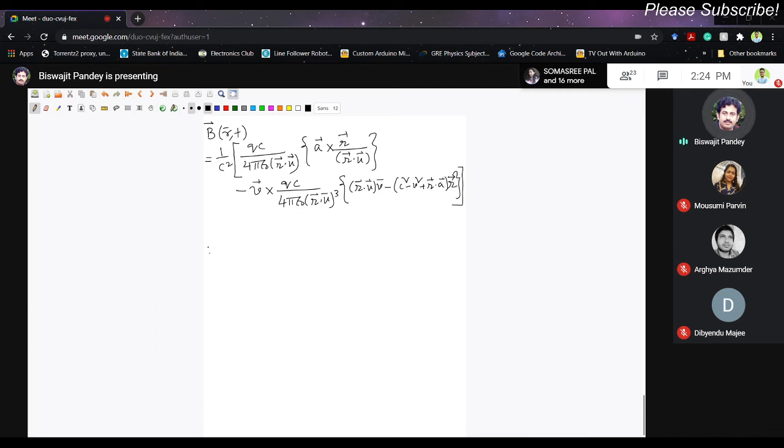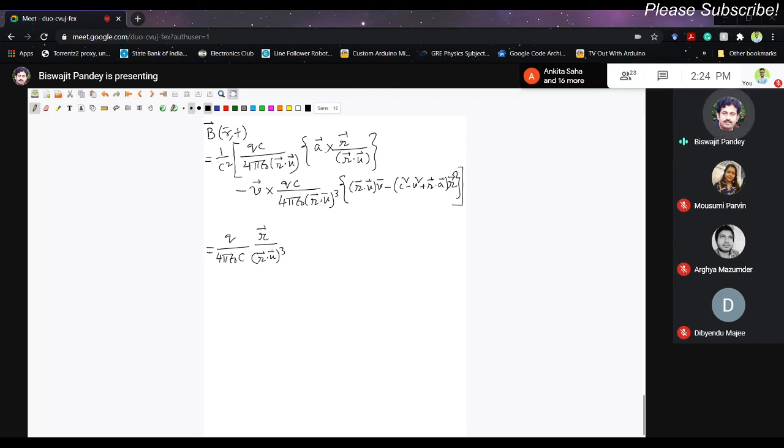So I am taking common QC by 4 pi epsilon 0 R dot U whole cube into vector R. What will be left outside the bracket? Q by 4 pi epsilon 0 C, because of c square and c, one c will get cancelled out. R is taken outside. R divided by R dot U whole cube.